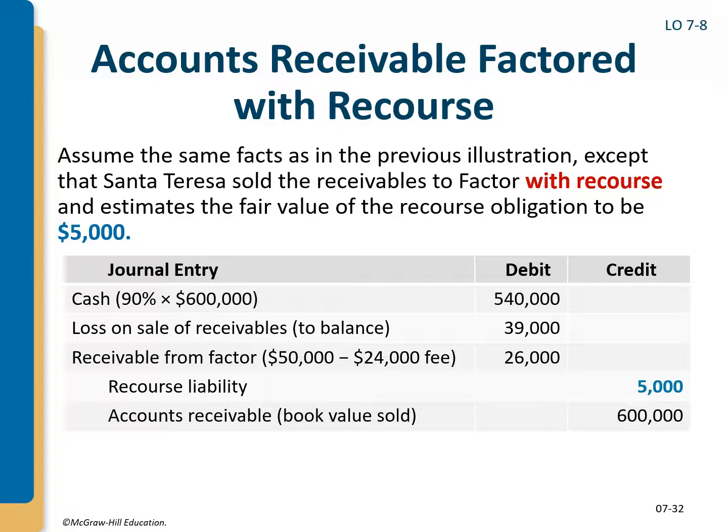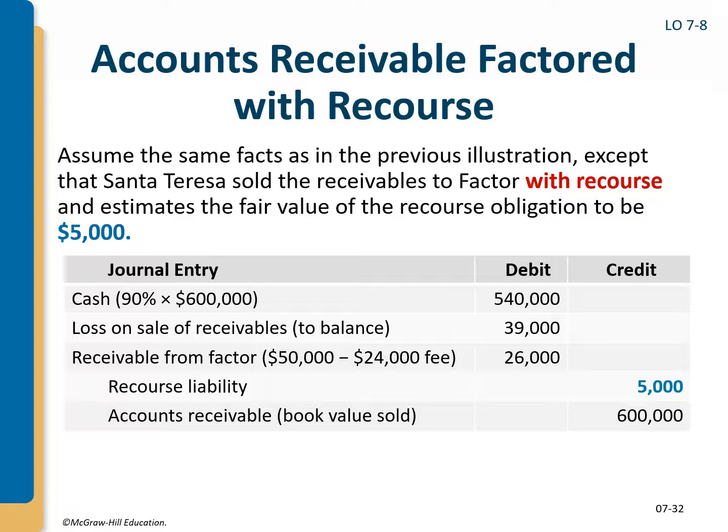So on the day of the sale, they are creating a liability that they may owe to the factoring company for any accounts receivable that never get paid to the factor. And they estimate that, and it's called a recourse liability. So they determined, based on the $600,000 they sold, they estimate maybe 5,000 of them will not be paid. So that's a potential liability the day they sell those.